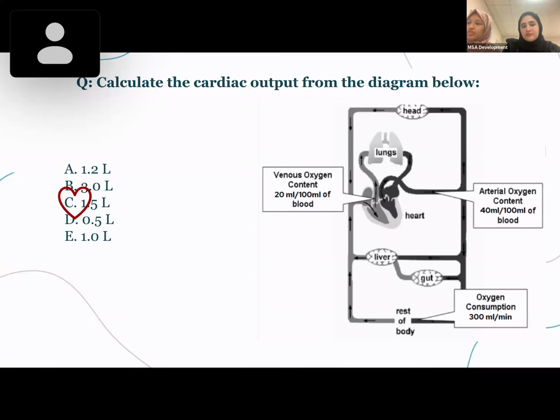For example, for oxygen, it's 20 over 100, so that's 0.2, and then 40 over 100 for the other. So you do 300 over 0.2, which is their difference, and you'll get the answer in milliliters. You just convert it to liters by dividing by 1,000, and that's it.